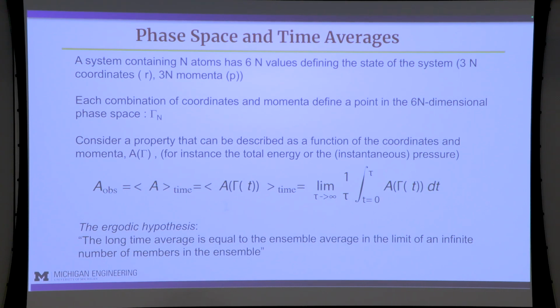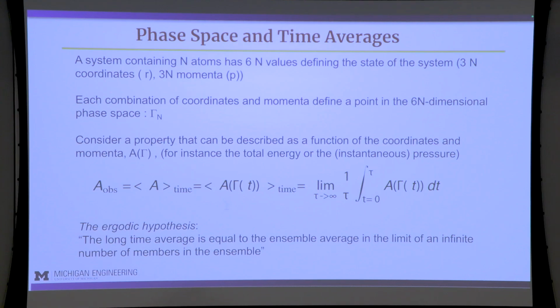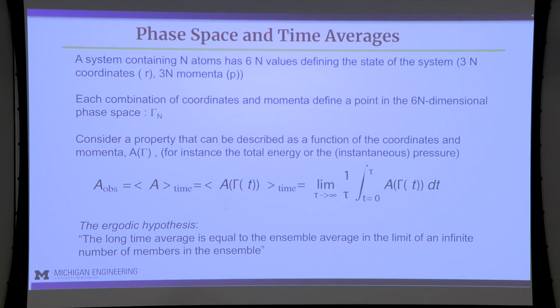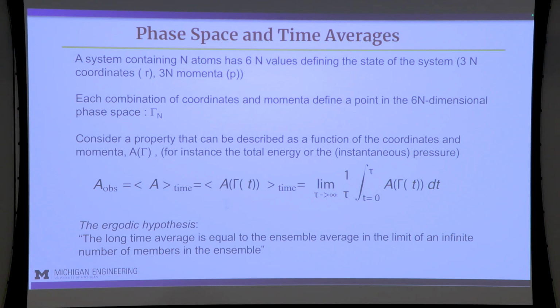So let's say that you have the average over time of these properties as a function of those 6N-dimensional phase space. And this is an important expression that you see here. It's basically telling what they call the ergodic hypothesis. The long time average is equal to the ensemble average in the limit of an infinite number of members in the ensemble.